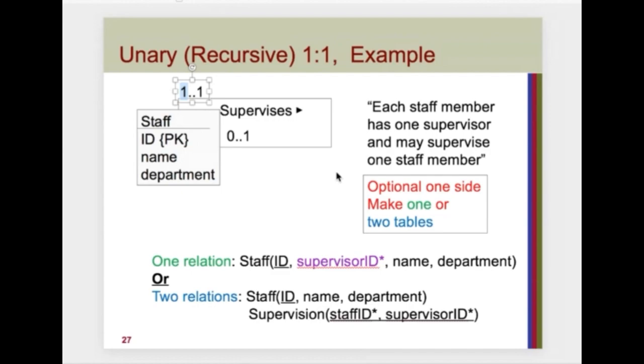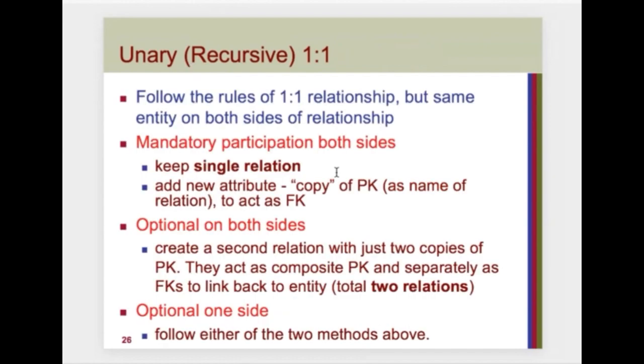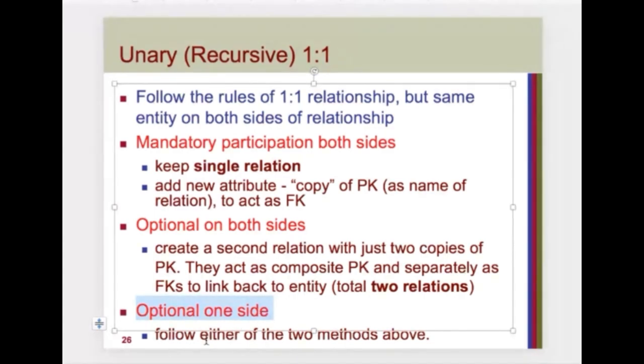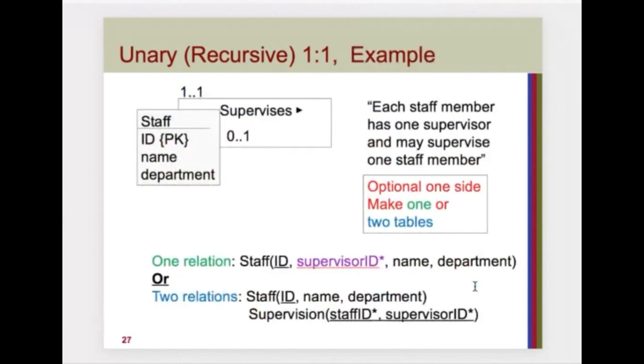So we have one optional side, one mandatory. What we can do is either make a single relation, because we have a choice now, or two relations. We will study both of them.